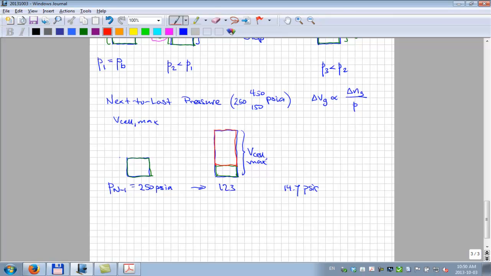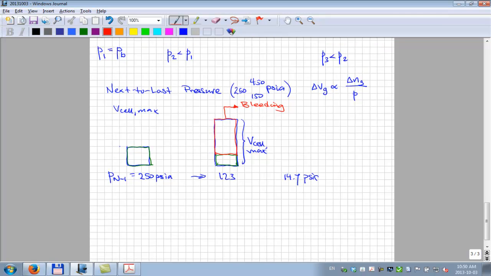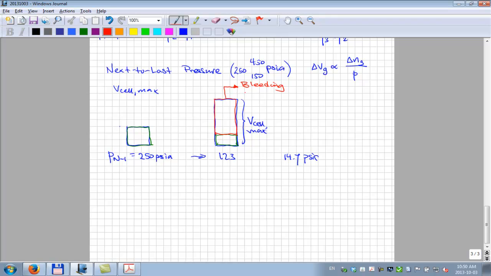And now what they do is start bleeding the gas off. They don't take step after step after step because it takes too many steps. So they simply bleed off, they just release the gas out. So it's not really an equilibrium process.